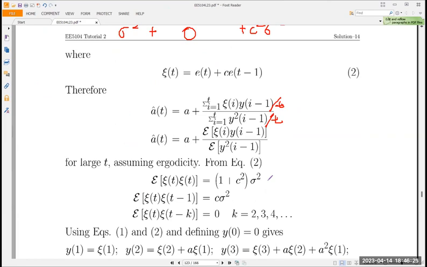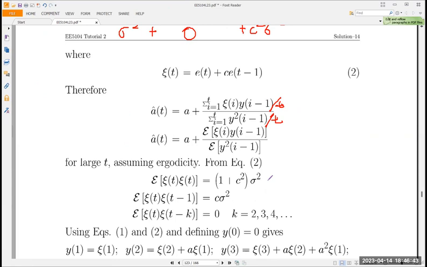Okay. Before you can substitute inside, you need to do all this maths. You need to find the expectation of zeta t and zeta t minus 1.